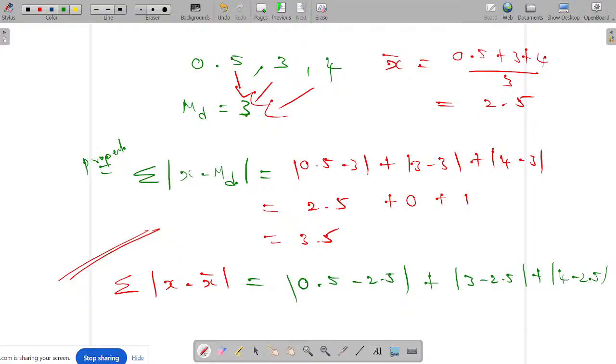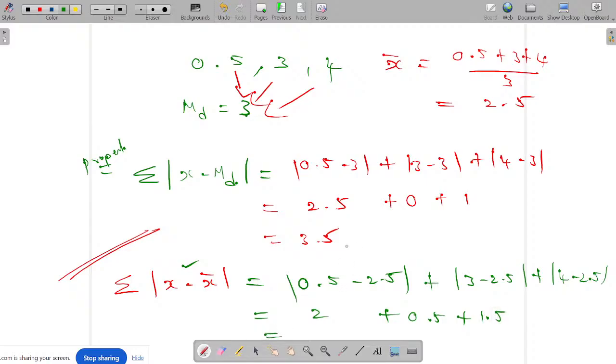You understand how you are getting this line? You are not doing anything, just x minus x bar. So what is this value? It's minus 2, and obviously you are removing the sign, so this is 2. This is 0.5 positive only. And this is 1.5 positive.